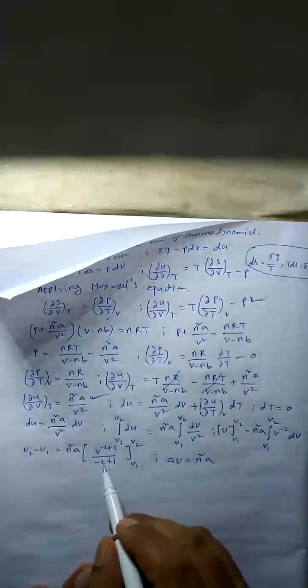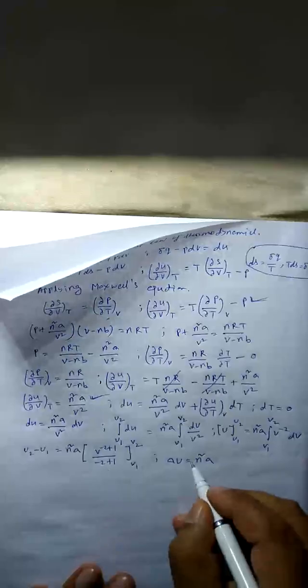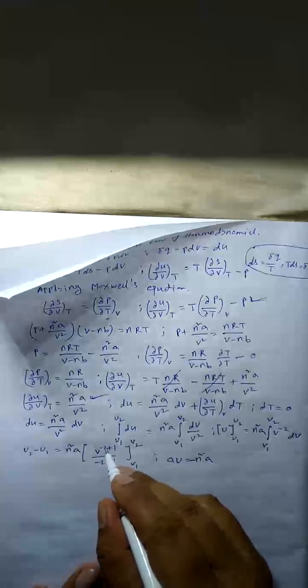Minus 2 plus 1 gives v to the power minus 2 plus 1 divided by minus 2 plus 1, which is negative, so it comes as v to the power minus 1, that means 1 by v, from v1 to v2.